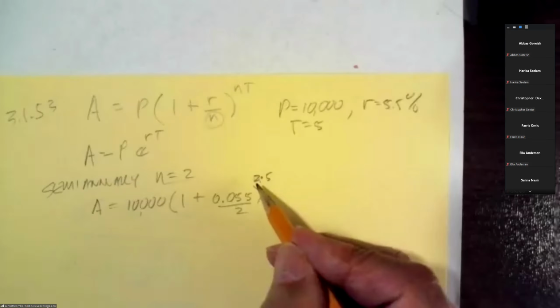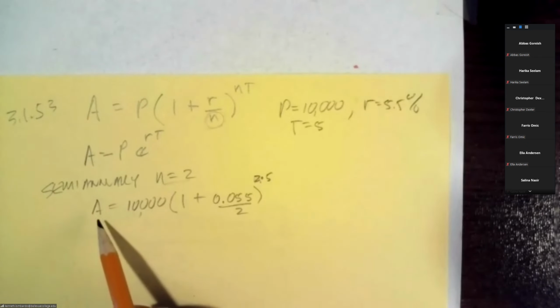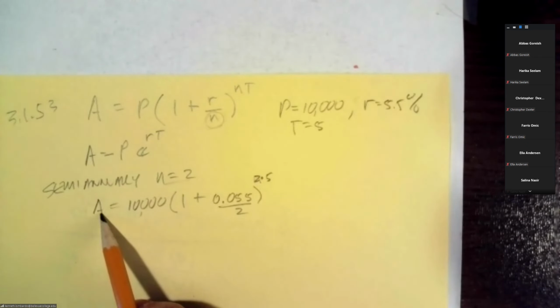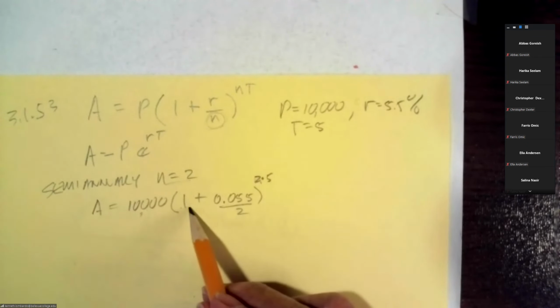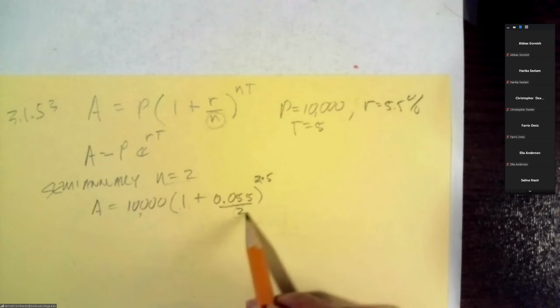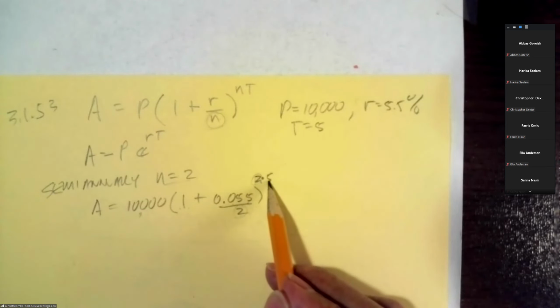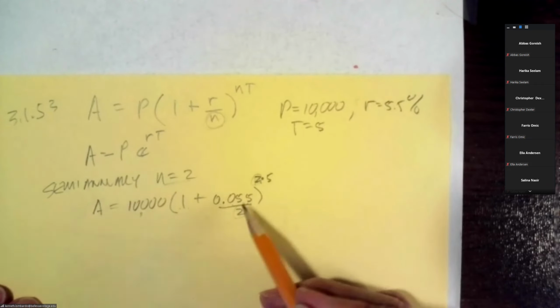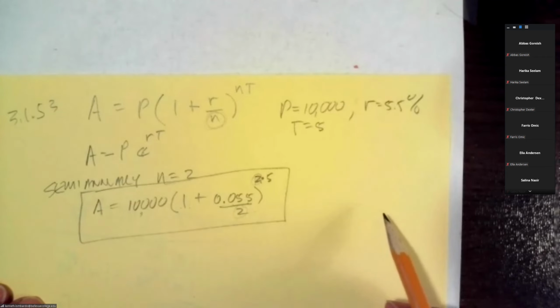So the amount we're going to receive is 10,000 times 1 plus this rate of interest, 0.055 over 2, compounded semi-annually. So we're going to have 2 compounding periods a year for 5 years. So that should be the equation we want to use, which is the main issue.